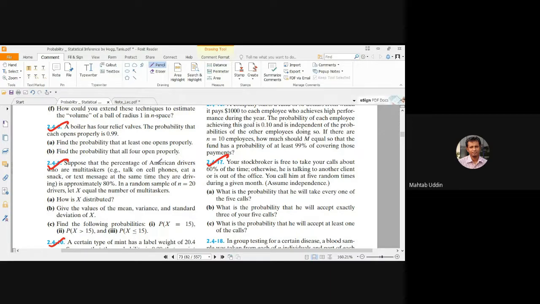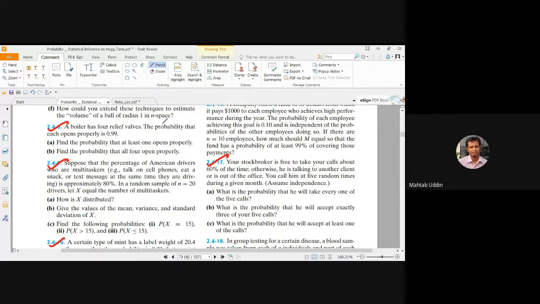They have said a boiler has 4 relief valves. That is 4 outcomes. That is, you can try in 4 ways, right? So n equal to what? 4. N equal to 4.